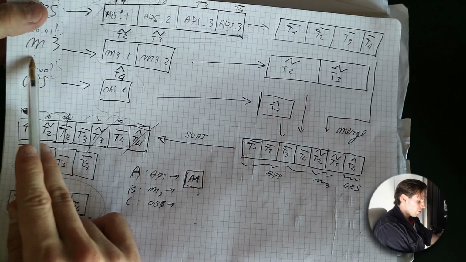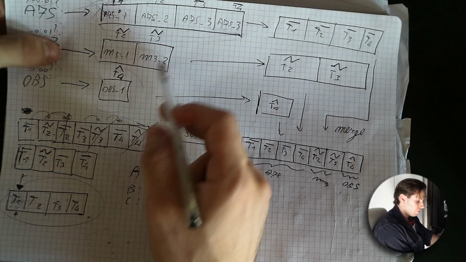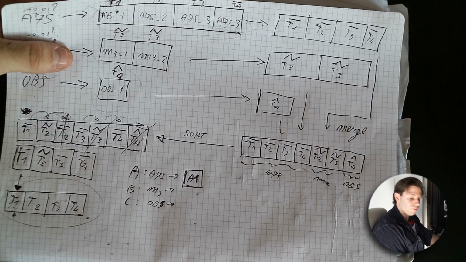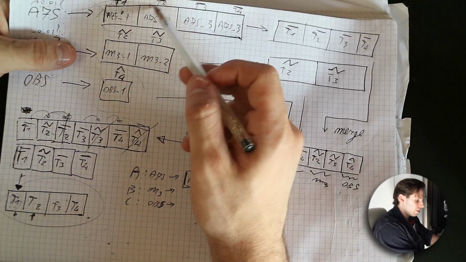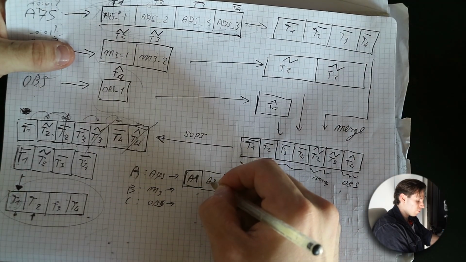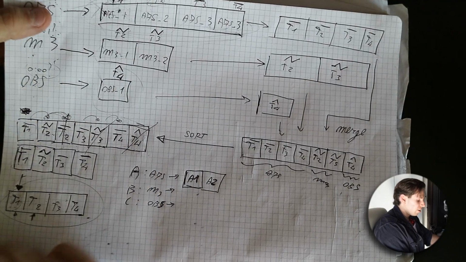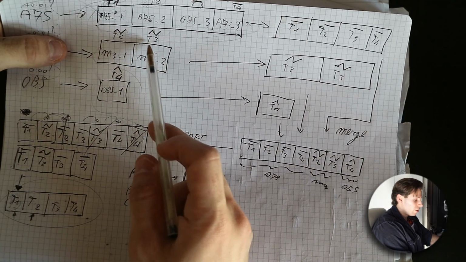Does M3 contain a T1? No. Does OBS contain something similar to T1? No. Let's check T2. Does A7S contain something similar to T2? Yes. So I will make A2. And I will stop for A7S. Does the M3 clip list contain something similar to T3?